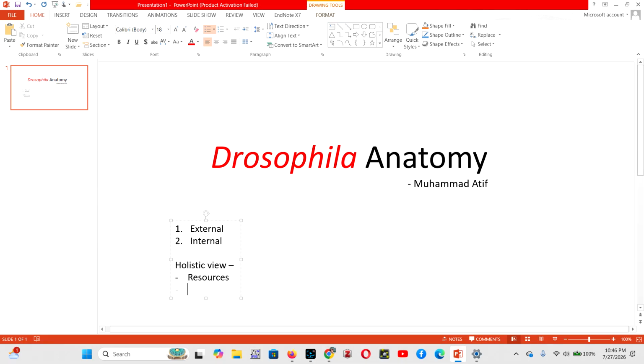I'm not going to pretend that I know everything about the Drosophila anatomy, and I'm also going to try to increase the knowledge space at a very natural pace. Most of the time, when we try to look at resources to study something, they are actually scattered.